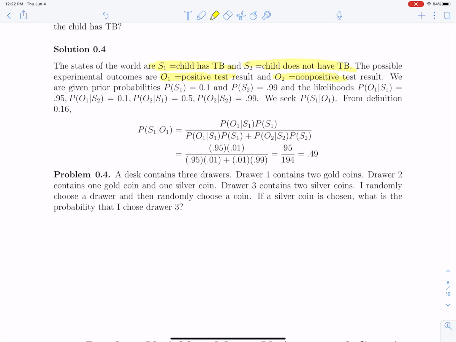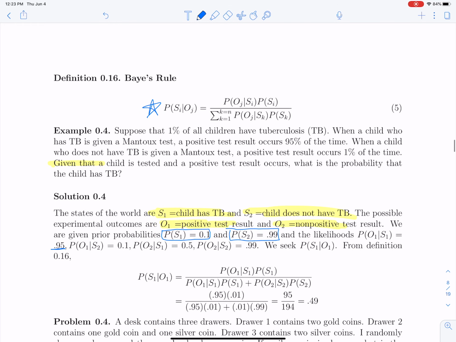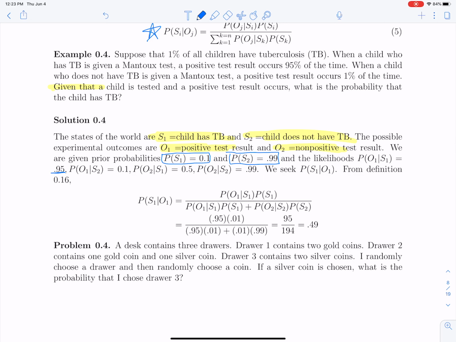They did tell us in the problem above that there was a 1% chance that a child has TB and a 99% chance it doesn't have TB. And the likelihood of a child being tested for TB and having it is 95%, like they told us up here. And also they told us that we get a false positive 1% of the time.